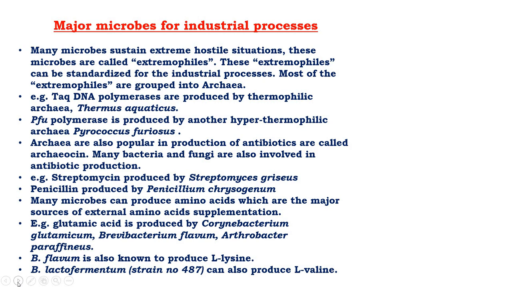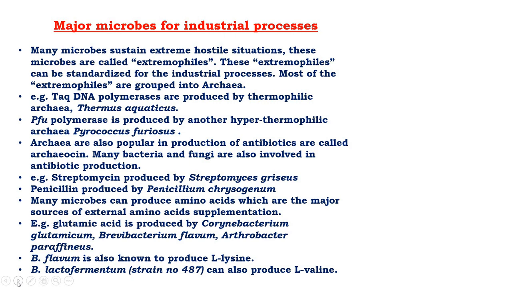For example, many microbes sustain extremely hostile situations. These microbes are called extremophiles because they inhabit extreme environmental conditions. These extremophiles can be standardized for industrial processes. Many of the extremophiles are grouped into archaea.